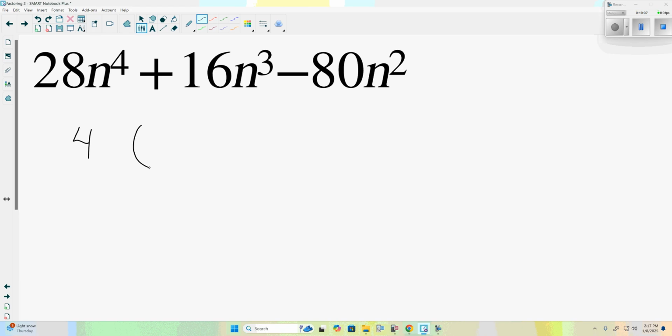Because 4 is the greatest common factor between our three numbers, but there is something else in common with all three. But it's actually not a number. It is a variable, because n to the fourth, n cubed, n squared is in common with all three. We do have an n in common, yes? It doesn't have to just be a number. We can also have a variable as a part of the greatest common factor.